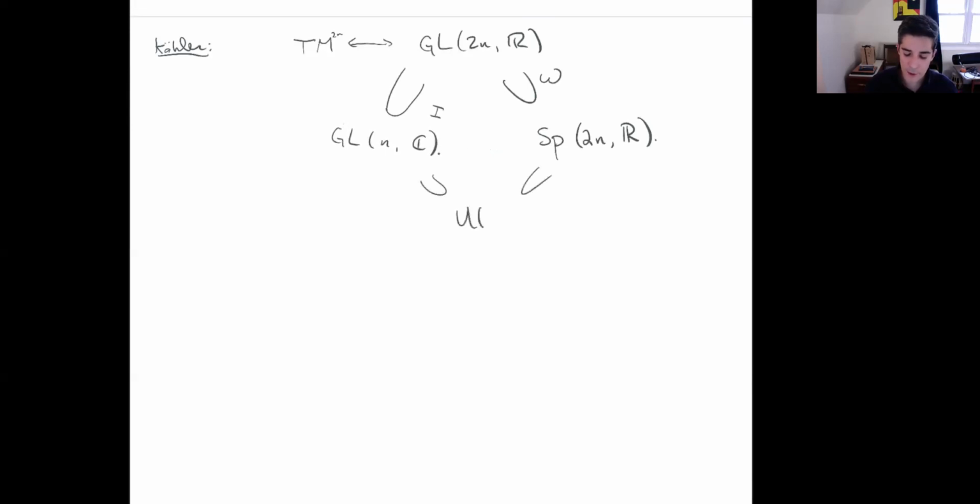And that is exactly the unitary group U(n), which is a real compact group. And it's the maximal compact subgroup of the groups that it's contained in.